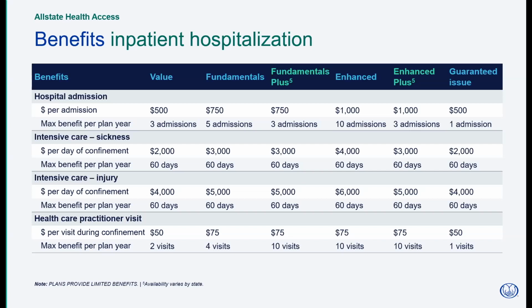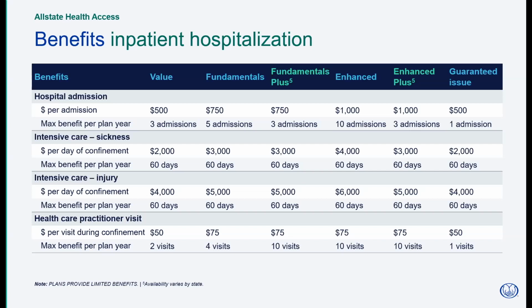Looking at these benefits for intensive care, this is for sickness. The dollar amount of the confined benefit starts at $2,000 and ranges up to $4,000. The maximum benefit per plan year is 60 days for each one of the different plans.